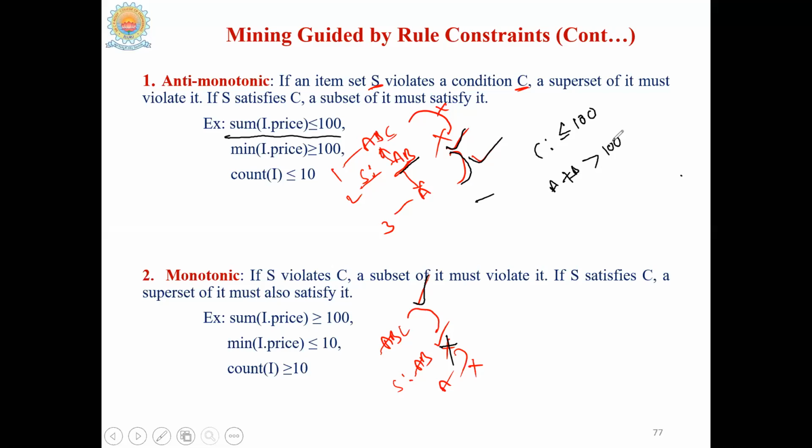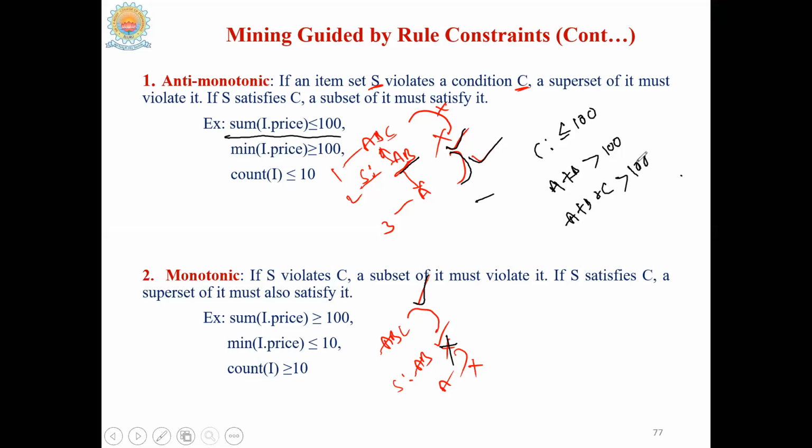If it doesn't satisfy the given condition, then according to the anti-monotone property, the superset of the item set also does not obey the condition. Suppose I am adding one more item to this, obviously its cost is also greater than 100, right or not?